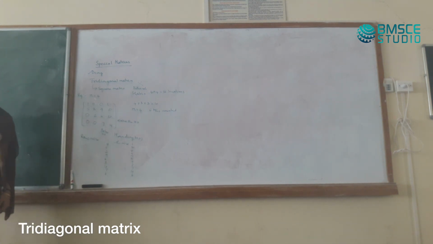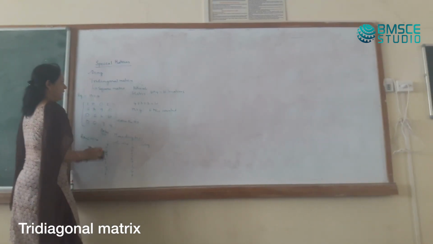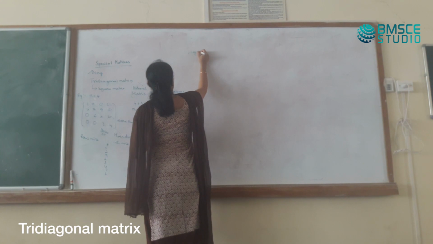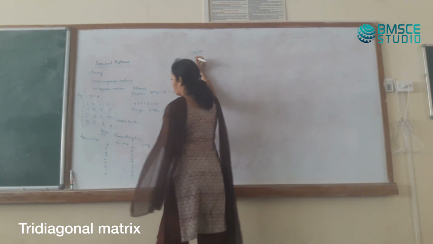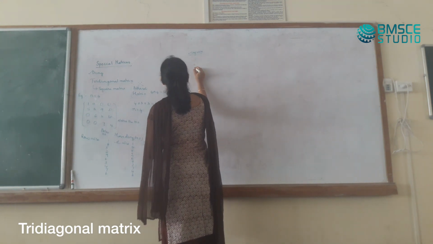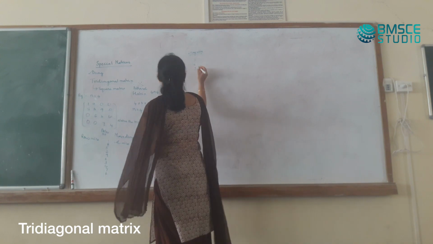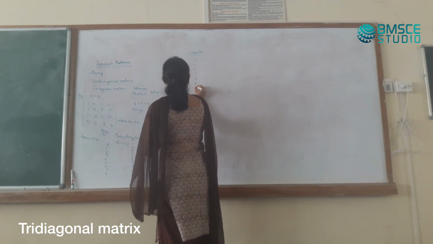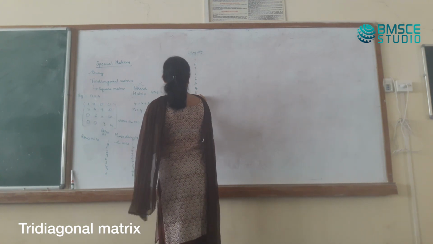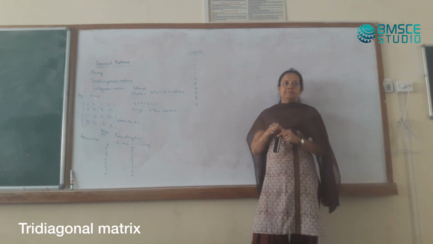If you store it diagonal wise, I will write the diagonal wise here: 5, 6, 7, the lower diagonal, then 1, 2, 3, 4, then 8, 9, 10. This is what your 1D array would look like.